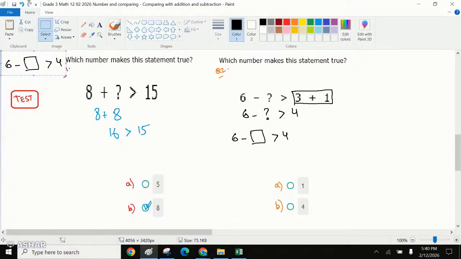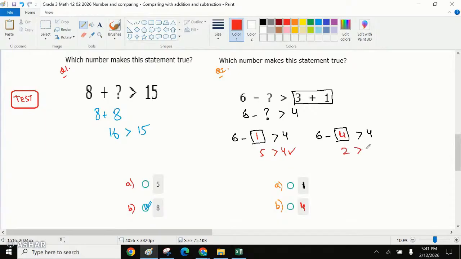If I put these two options, option A and option B, option A was 1. That means 5 is greater than 4, right? True. But if I put 4, 6 minus 4 was 2, which is not greater than 4. It's a false statement. So which option should be true?